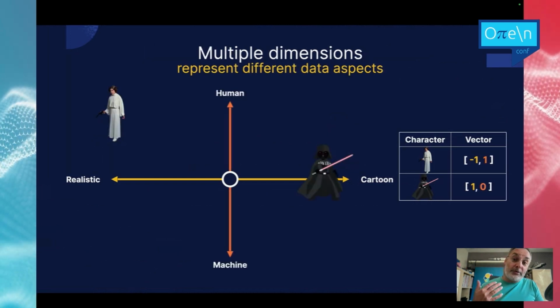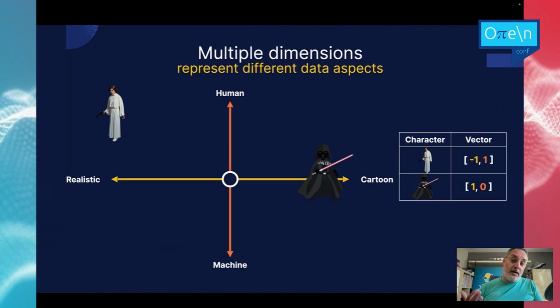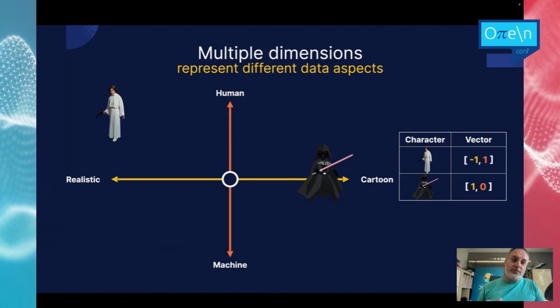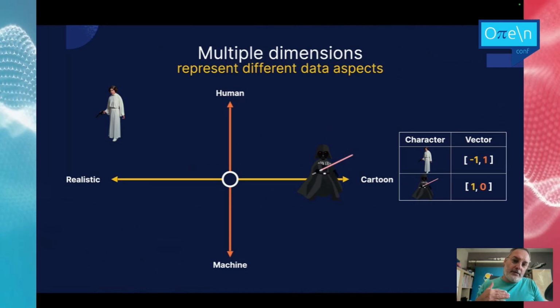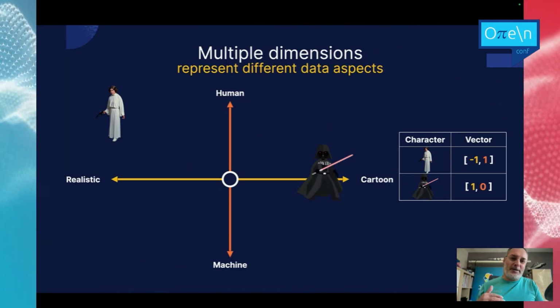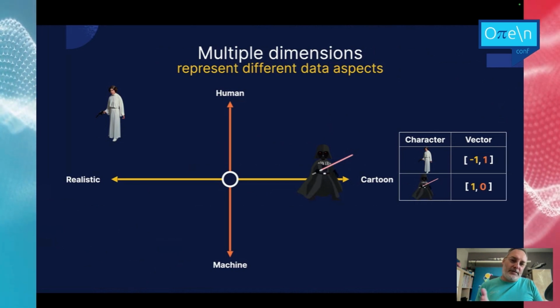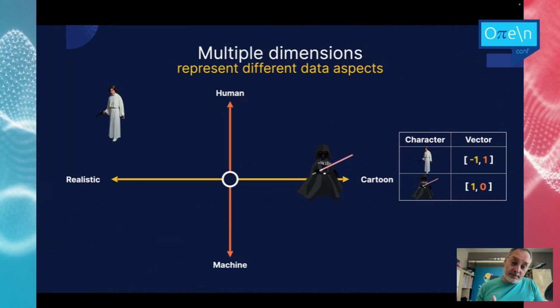Of course, I want to represent multiple aspects of the data, like whether it's a human or a machine. Leia is human, so her coordinates are -1, +1. But Darth Vader is cut in the middle, half human, half machine, and he's a cartoon, so his coordinates are +1, 0.